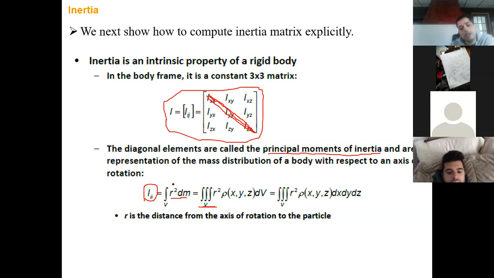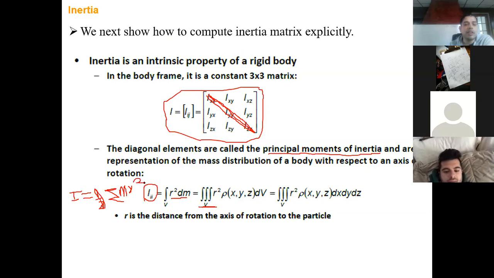See, what is the inertia? How do you define the moment of inertia in physics 111? Moment of inertia is summation m r squared, right? That's how you define it in physics 111.